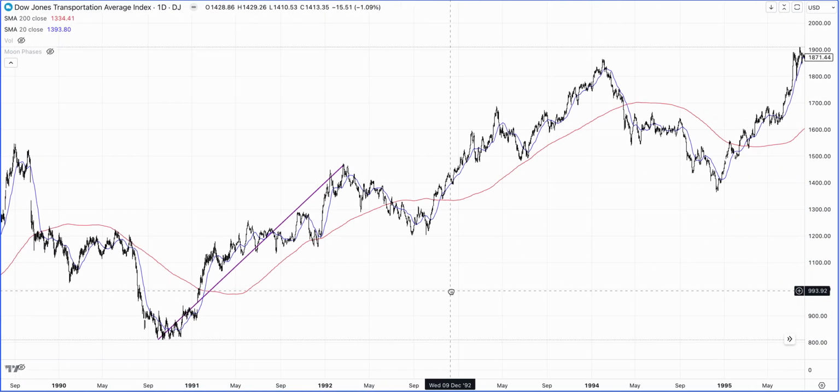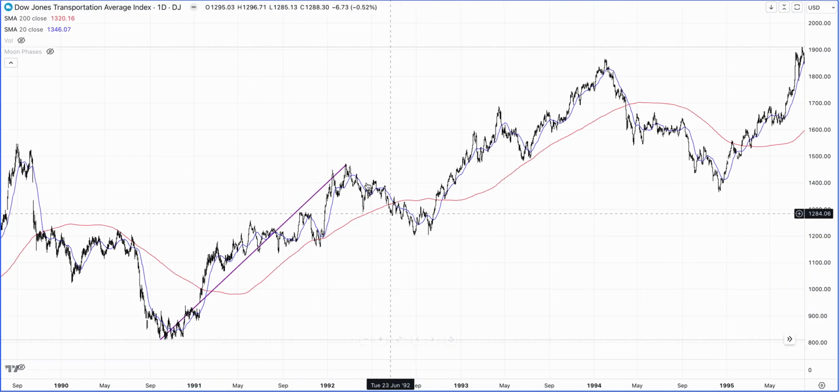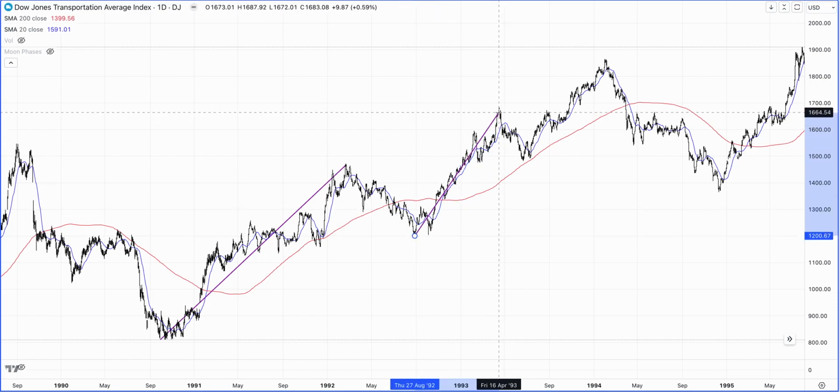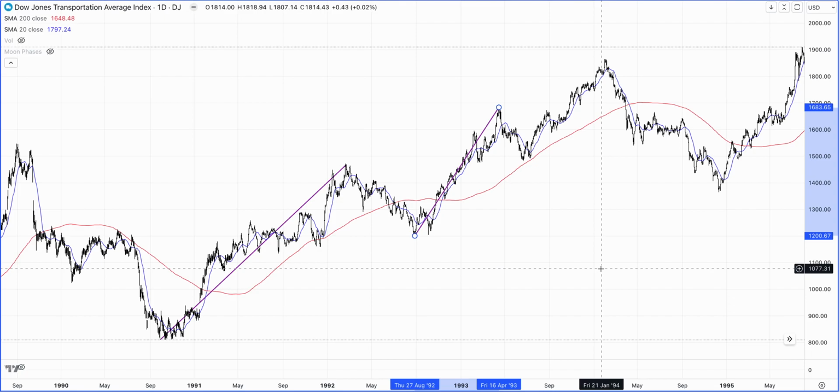This is kind of a phase in here, and then the market goes into a bear phase, and then there's another phase that starts from pretty much August, September of 1992, and it lasts till February 1993, around here, but in fact on the transporters it was a little bit higher, so April of 1993.